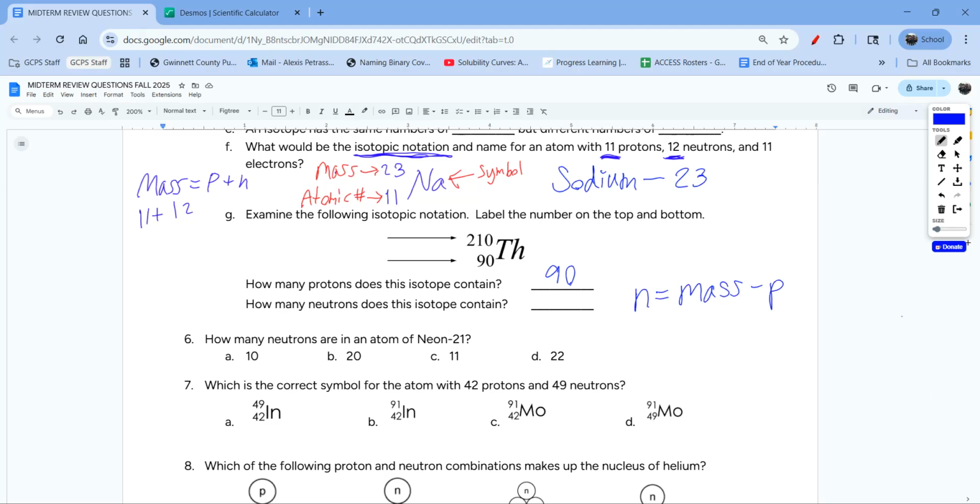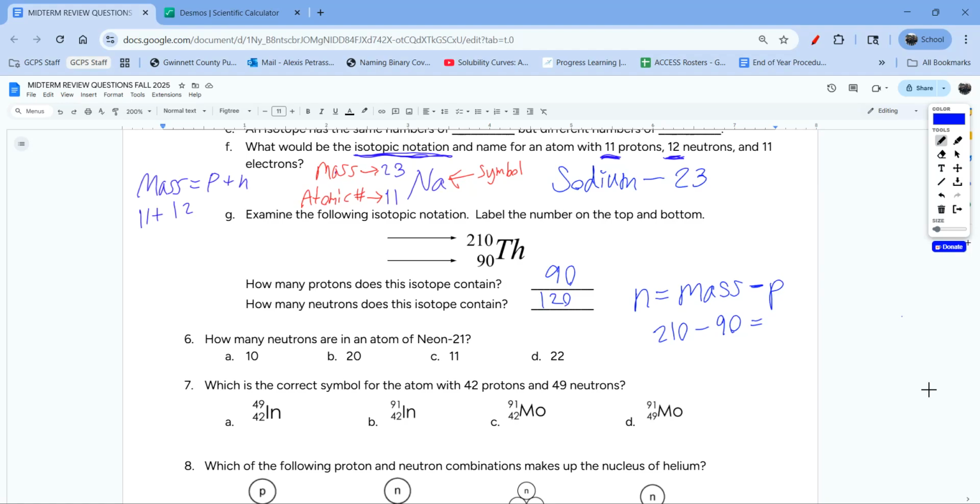Mass minus proton. You are not going to be given that on the test. Neutron is mass minus proton. So you're going to do 210 minus 90. If you write 90 here or 210 here, that's the wrong answer. So 210 minus 90, 120.